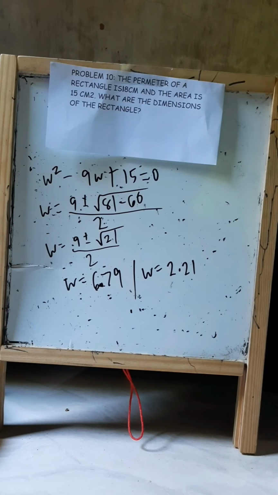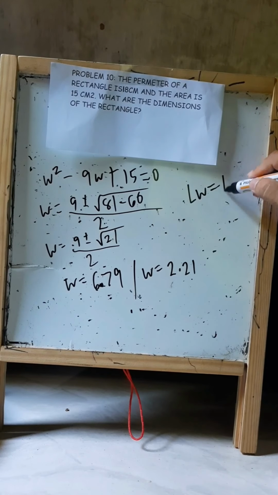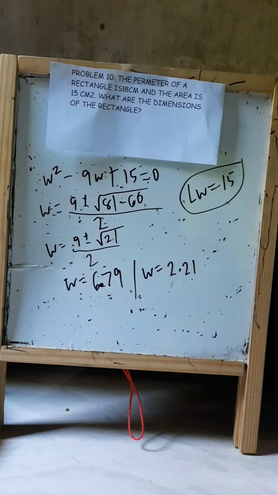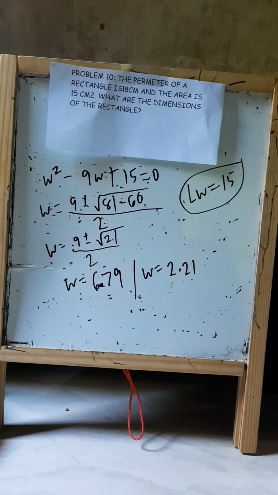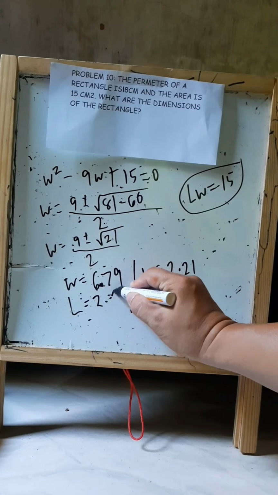So if the width is 6.79, what is the length? From LW equals 15, we can solve it here. If W is 6.79, then what is the length? 15 divided by 6.79 is 2.21.